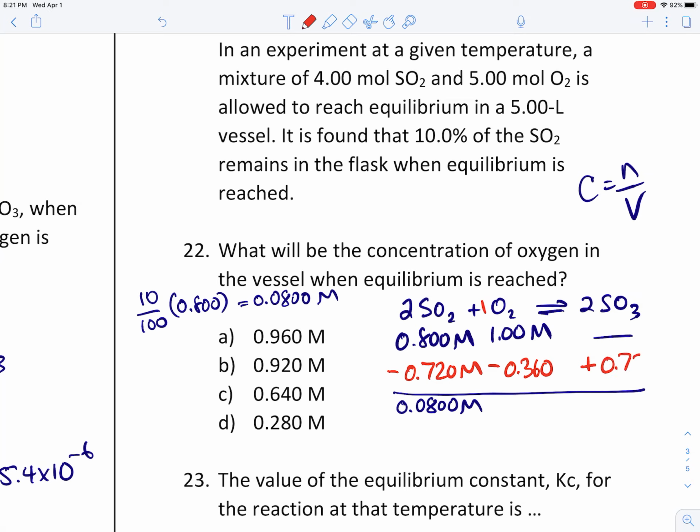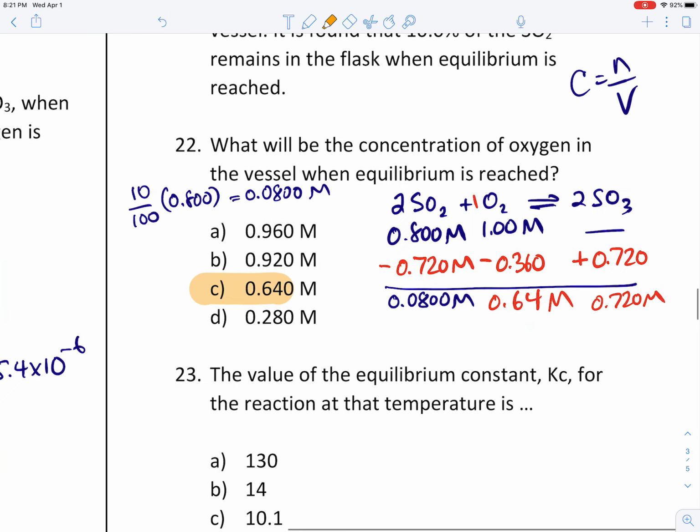So it would gain 0.720 molarity. So then we have 0.720 molarity of SO3, and 1 take away 0.360, we have 0.64 molarity of oxygen at equilibrium. So from these choices, choice C is the correct answer for oxygen at equilibrium.